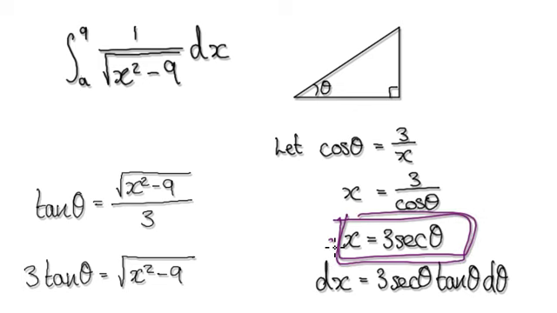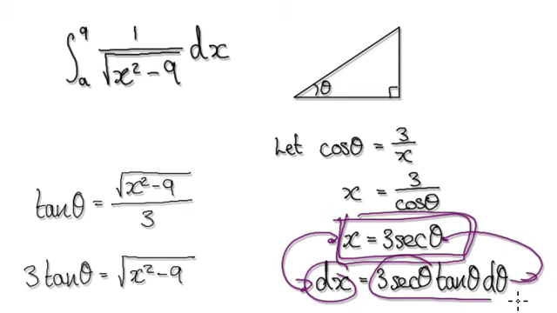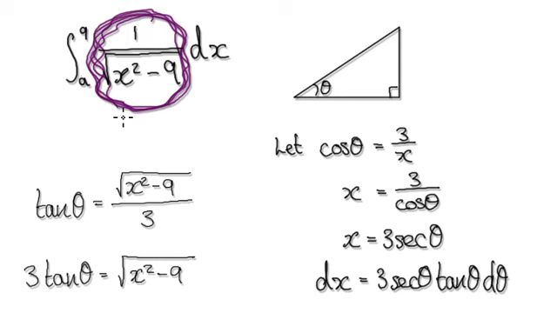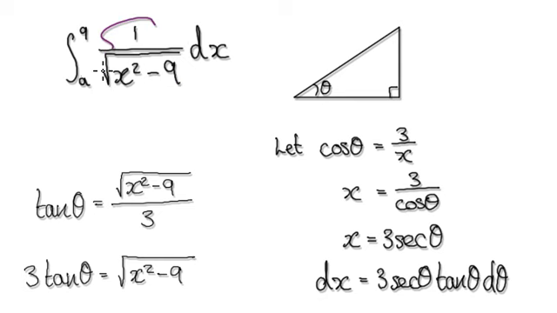If x is this thing here, differentiate this. So dx will be this. And by the way, by now you should know how to integrate this. We've spent a lot of time doing integration, so when you see this, you should already know this.